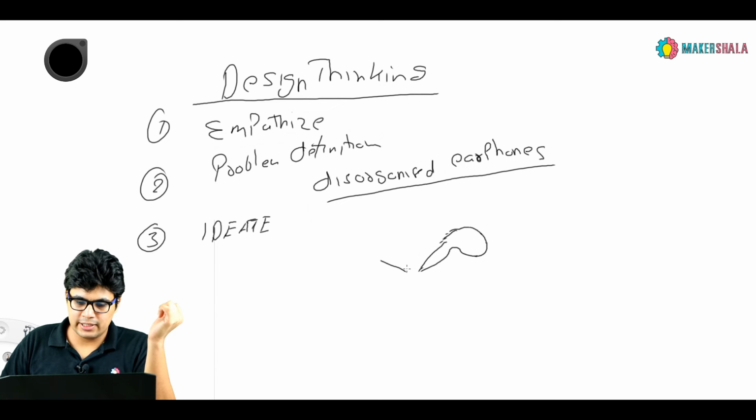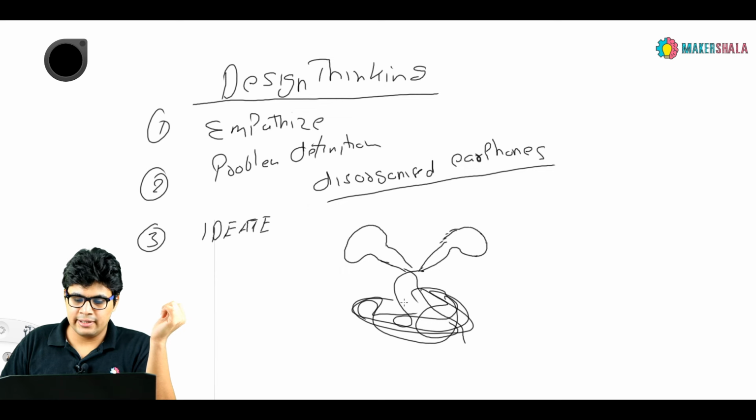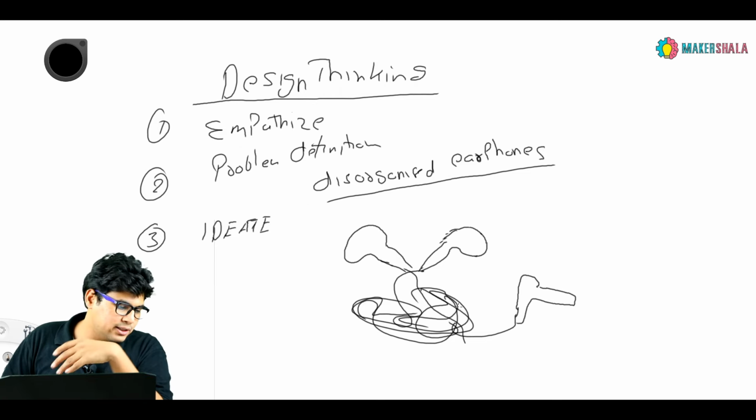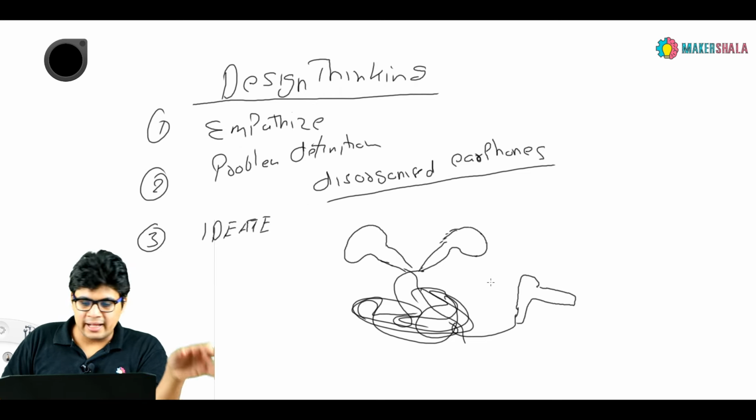So this is the second one, and here this is the wire and here it is the wire. All of them are just getting tangled with each other, and here comes the jack. Okay, and then this is the jack. So this is how our earphones are getting tangled again and again.